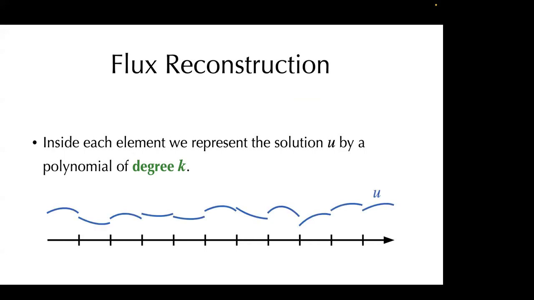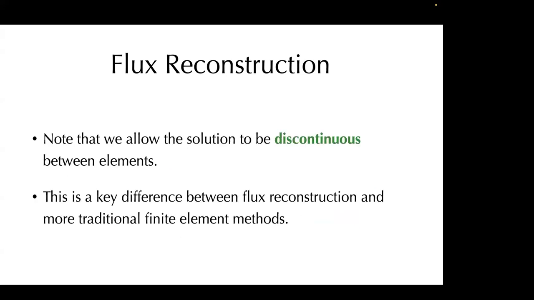So I'm showing this in blue here, where this particular illustration is in the case of k is equal to 2. Now, the key thing that you notice here is that my solution is not necessarily continuous across element boundaries. This is a key difference between flux reconstruction and more traditional finite element methods, such as the continuous Galerkin family of schemes that you may be familiar with.